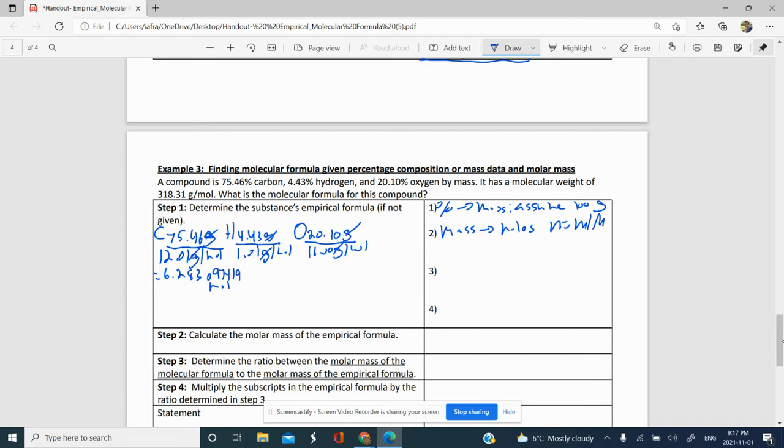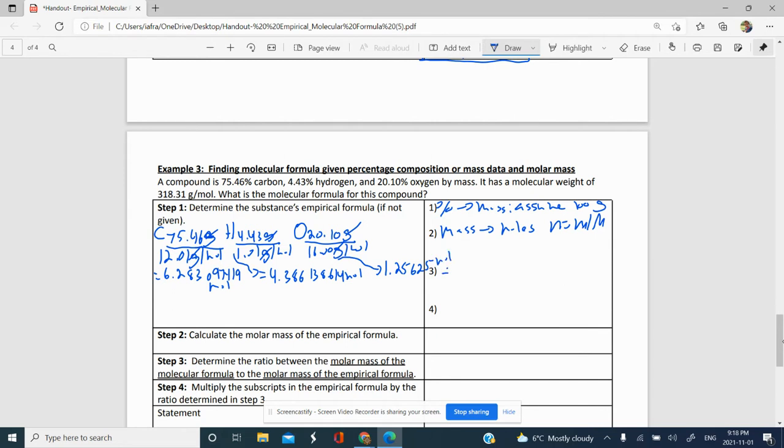And then this over here gives us 4.43 divided by 1.01, 4.386138614 moles. And then lastly, this one over here is 20.10 divided by 16, and we get 1.25625 moles.